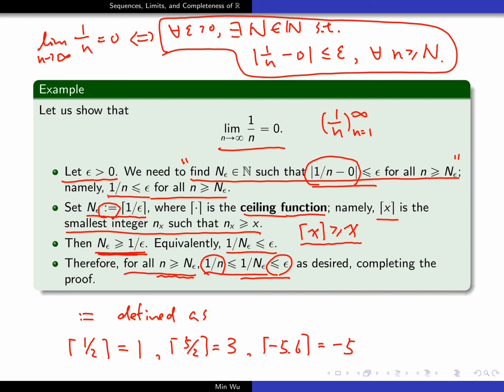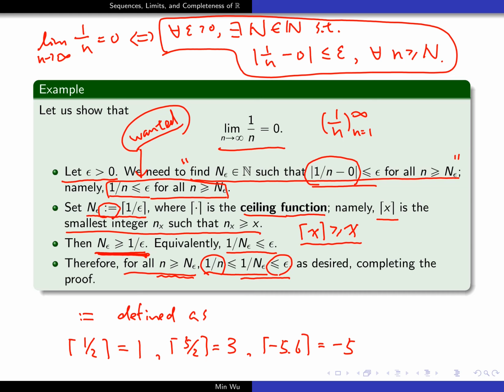Recall that this is what we want, right? So this is wanted. And by taking N epsilon equal to the ceiling of 1 over epsilon, we actually achieve the wanted statement. And this completes the proof.